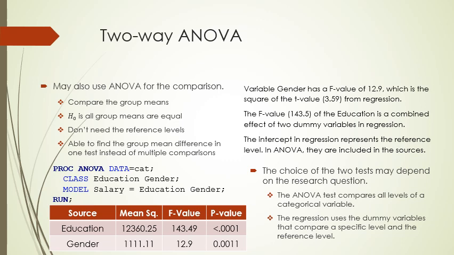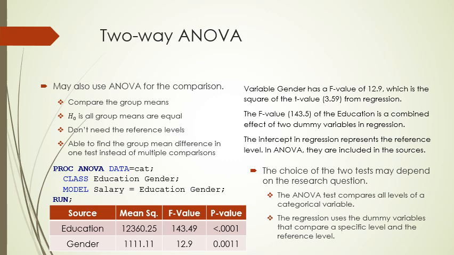For class variables that have more than 2 levels, the results look different because ANOVA test combines all levels in one statistic, while the dummy variable used in regression only compares one specific level to the reference level.